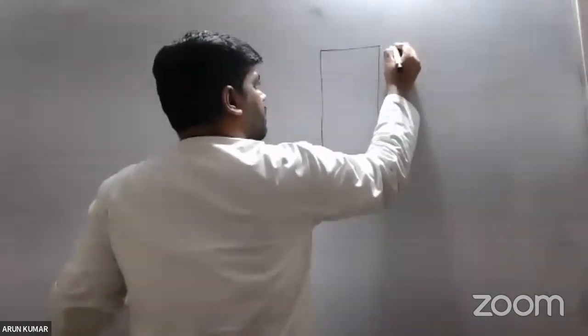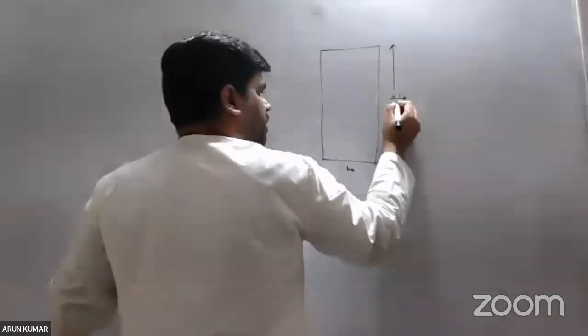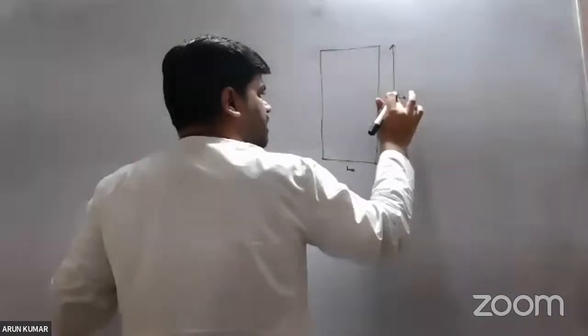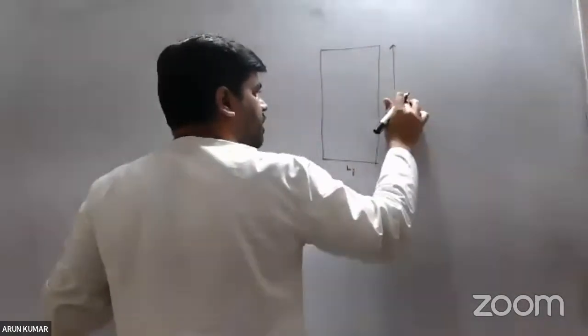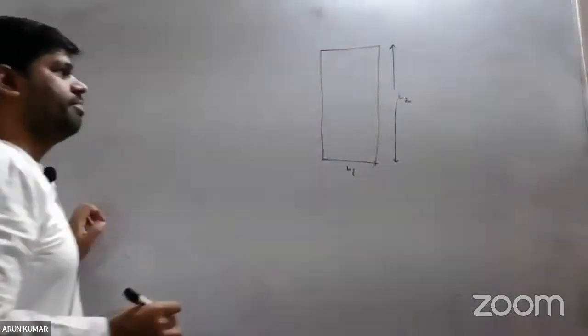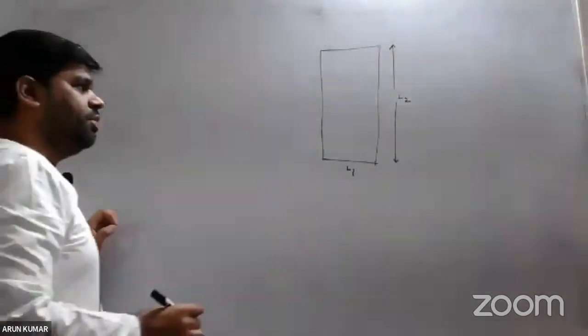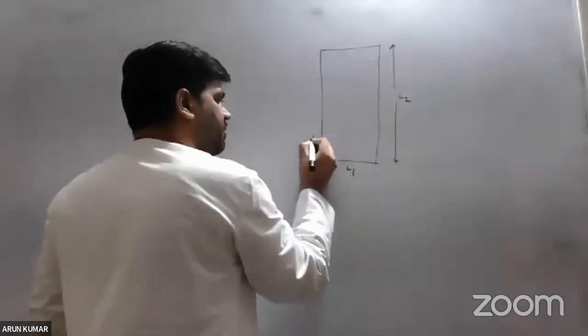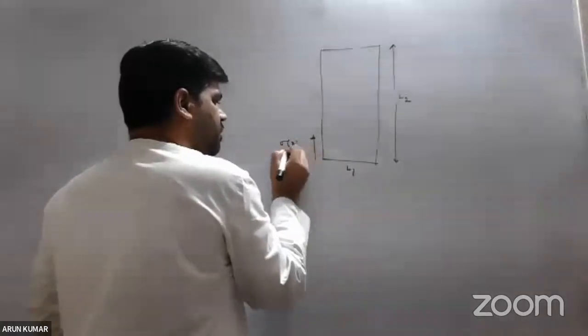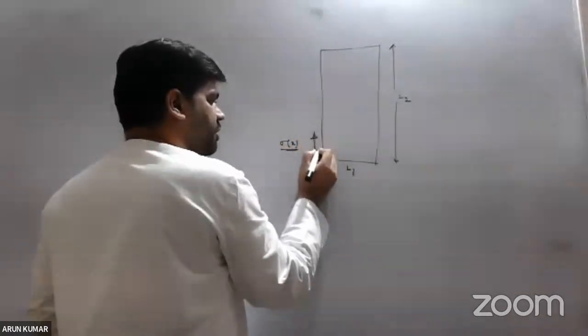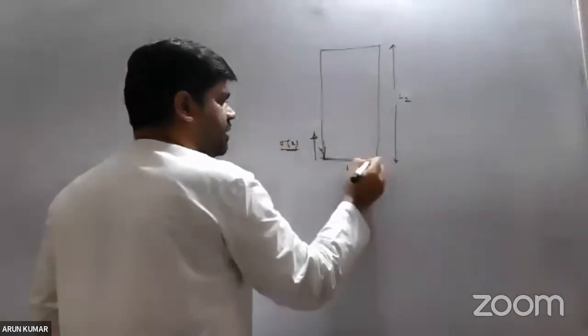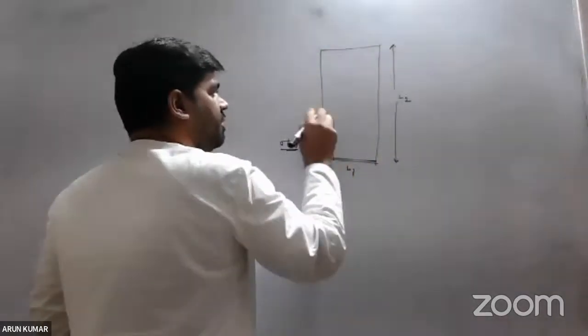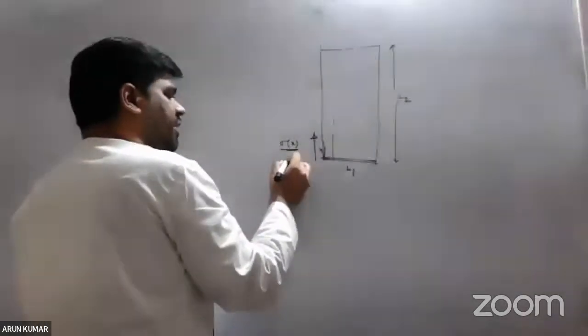This is L naught. This is 2 L naught. Or let's say this is L1, L2. It's a rectangle. All right. Now, my variation of density sigma of x is varying with x from the bottom edge. ఇక్కడ నుంచి x vary అయితే my sigma is varying. How is it varying?